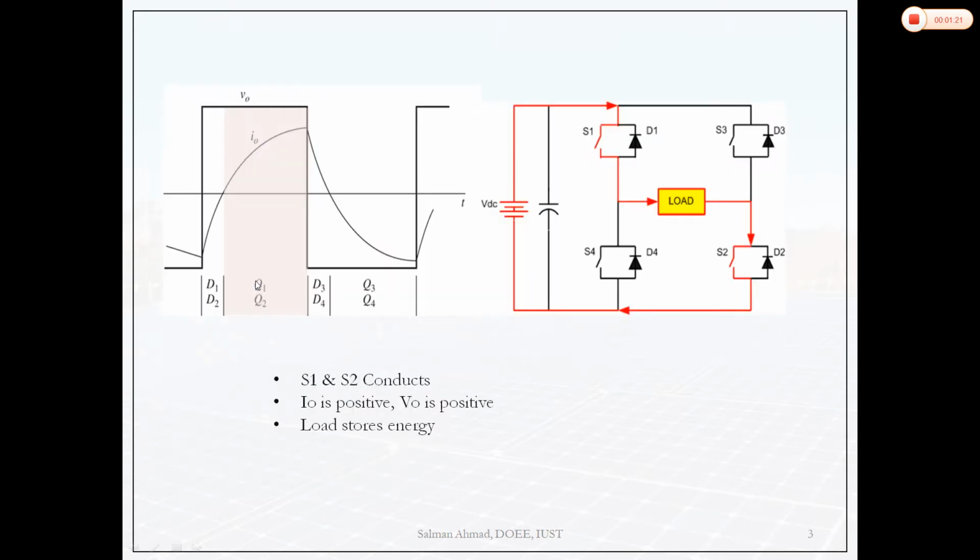In this interval both the output voltage and output current are positive. In that scenario, switches S1 and S2 are turned on, so the voltage across the load is positive, and the current flows in this direction, marked by the red line.